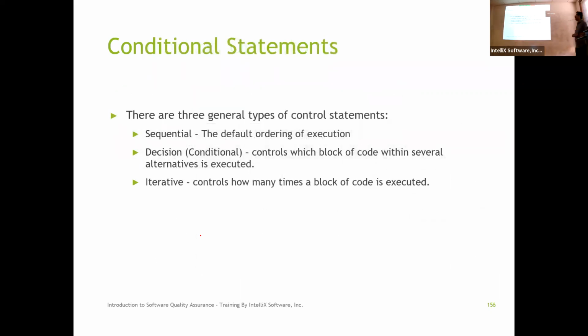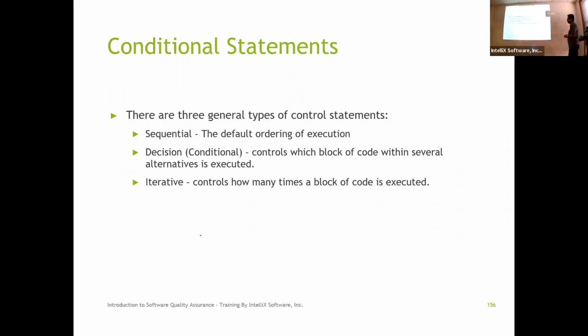Okay. And the third key aspect that you need to know when you're looking at any programming block is the conditional statement. Whenever you look at a block of code, it's going to have one of three flows, which describe how the statements will get executed.